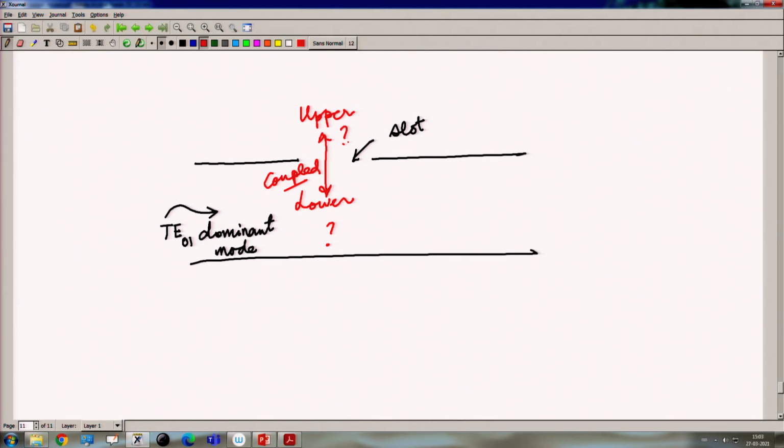In order to remove this coupling, we close this surface by a conductor. So, this is a conductor, and we place magnetic currents plus M and minus M on the upper surface and on the lower surface of the conductor.